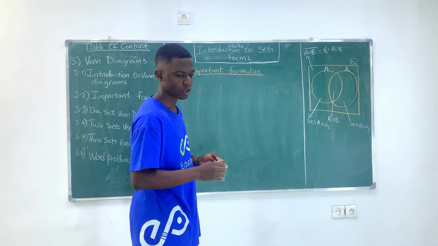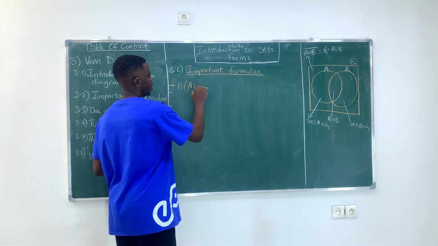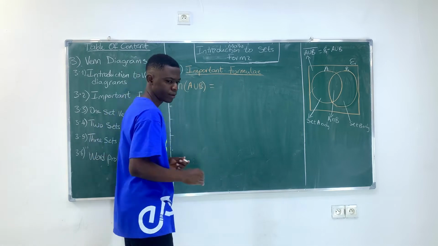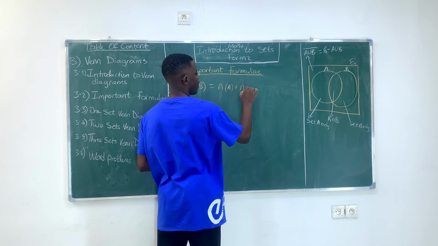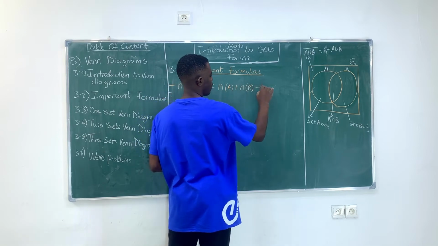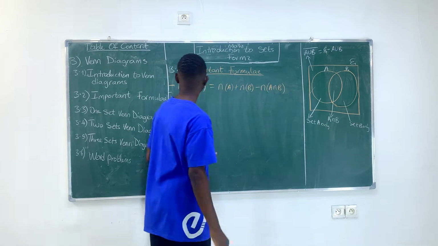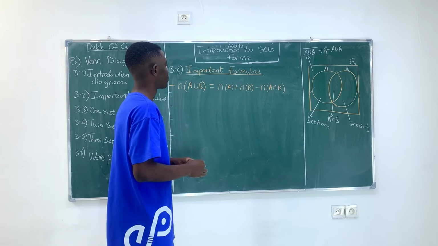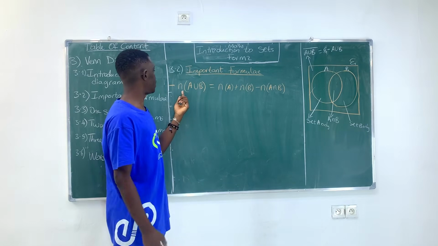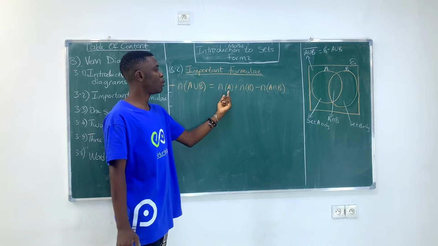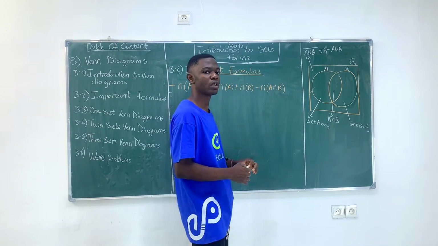The first formula says the number of A union B is equal to the number of A plus the number of B minus the number of A intersection B.